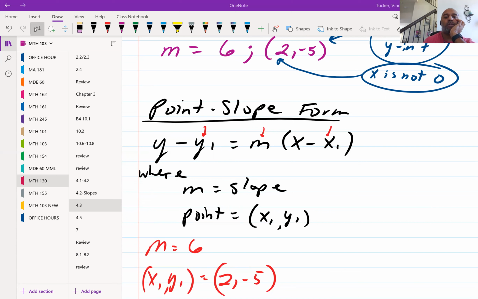Trying to see how deep this thing goes. Trying to see how many questions are on this assignment. Oh, go back.